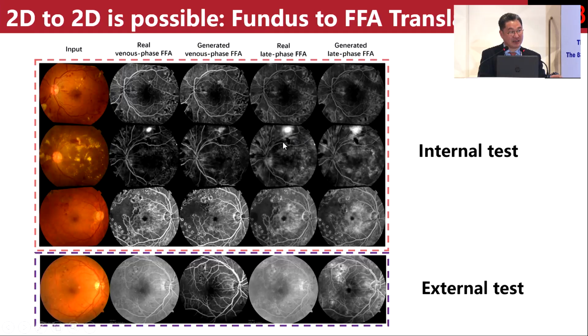So that study demonstrates that using GAN technology, generative AI, you are able to convert a full color fundus photo to fluorescein images. We observed very similar patterns of ischemia in the retina, neovascularization leaking, and microaneurysm changes as well.